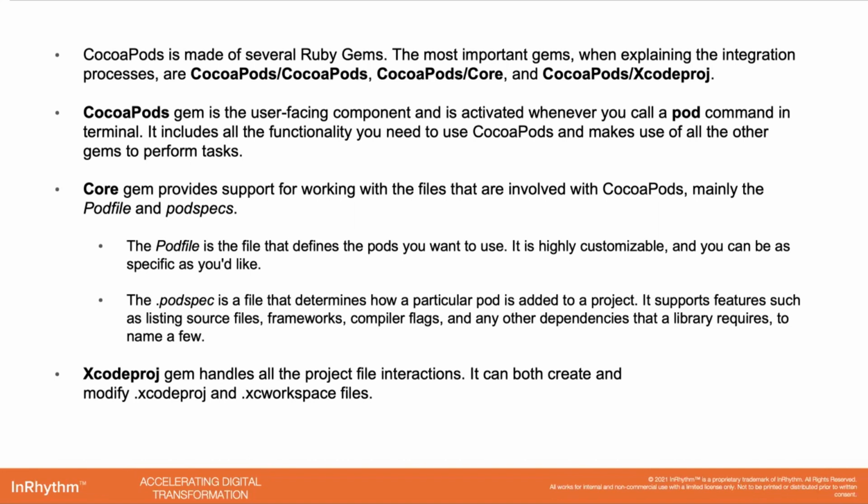It supports features like listing source files, frameworks, compile flags, or any other dependencies that the library requires. The third gem is Xcodeproj, and from its name you may guess it's the gem which handles all the project file interactions, like creating the Xcode project file and xcworkspace file, or modification of those files.